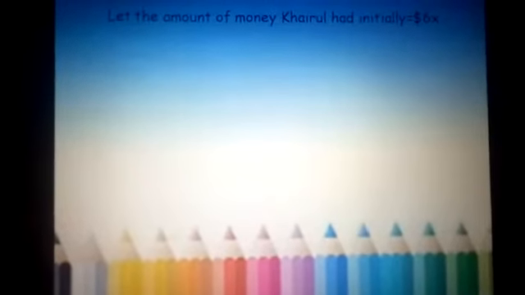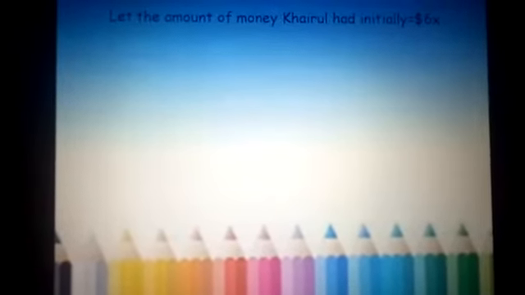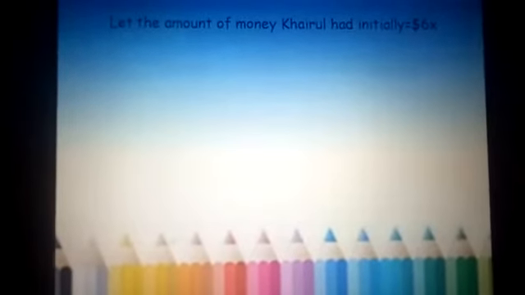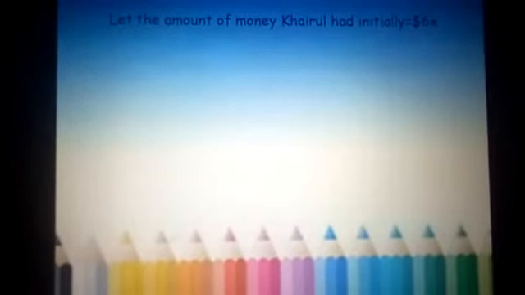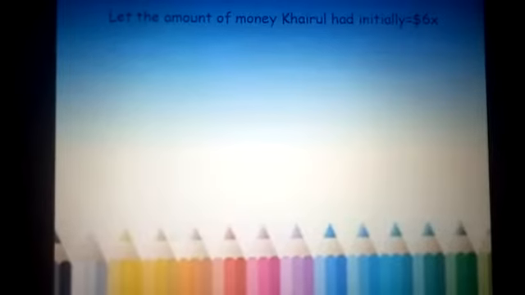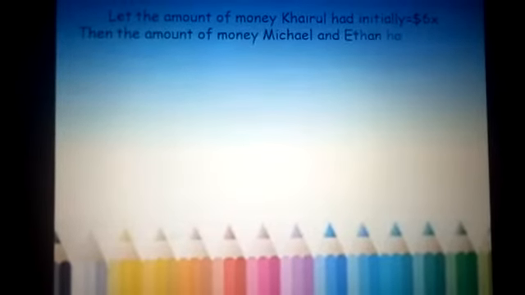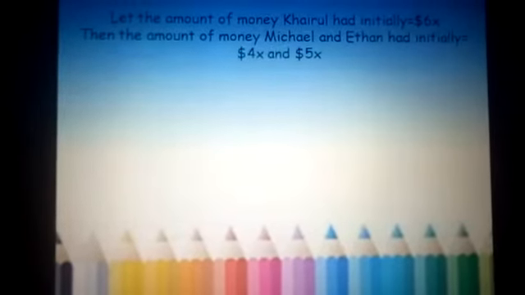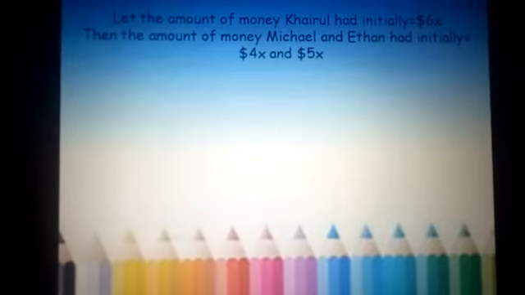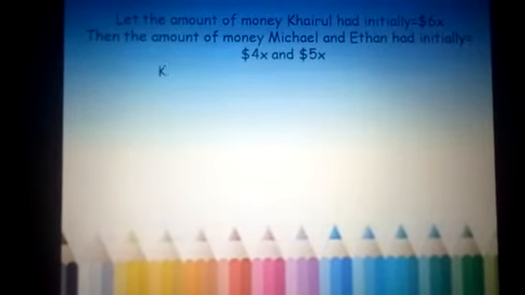Now let the amount of money Khairul had initially be $6, and we'll suppose the amount x. So Khairul had initially 6x. Then the amount of money Michelle and Ethan had initially, that is 4x and 5x.